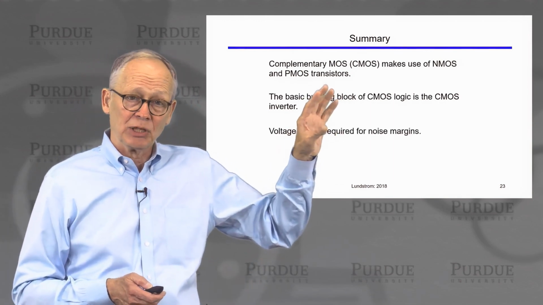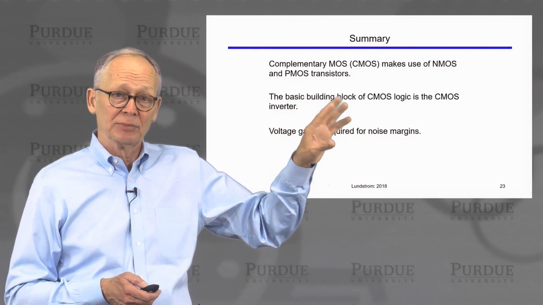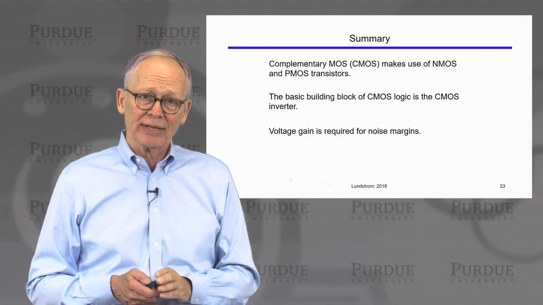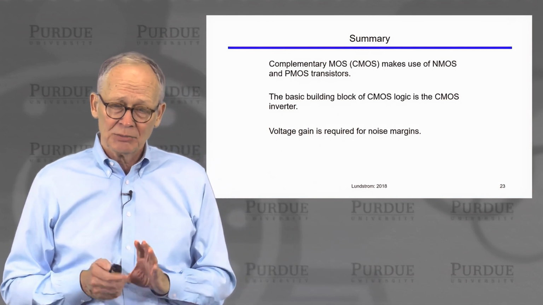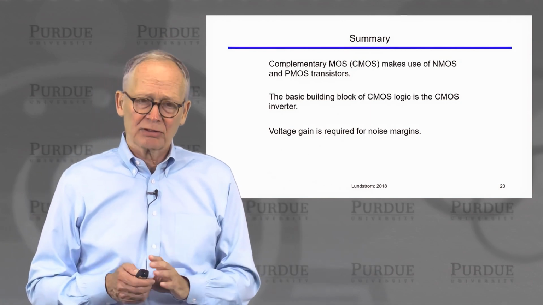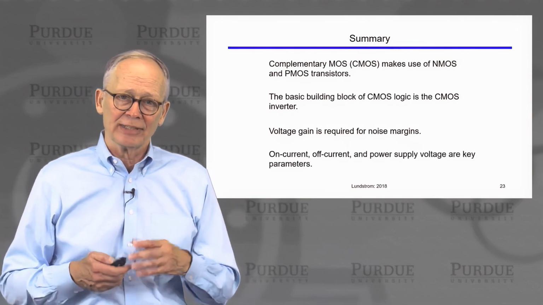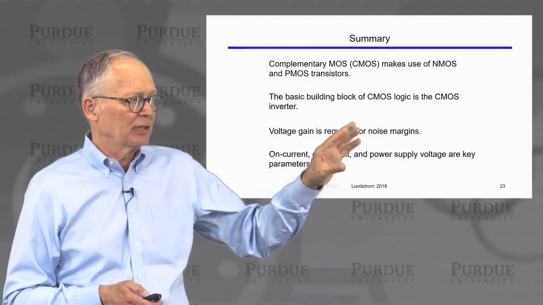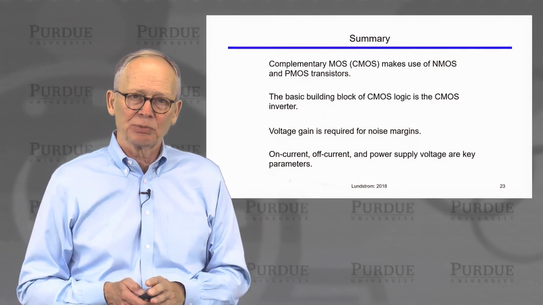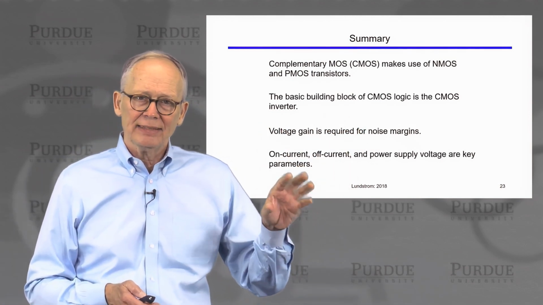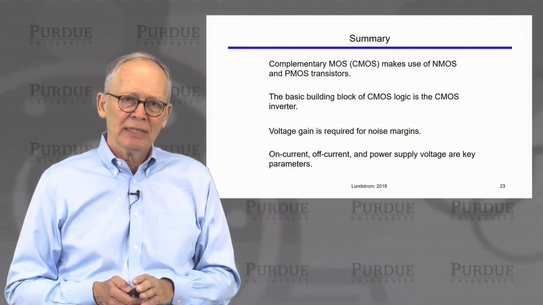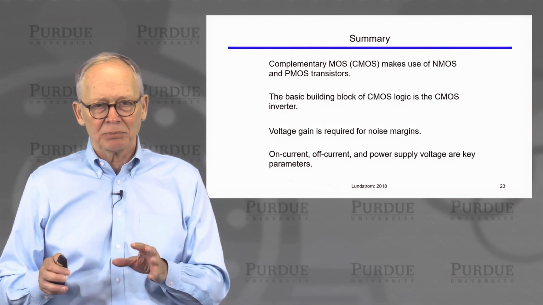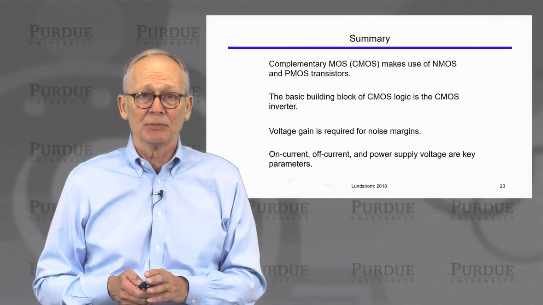One of the things that we require from transistors and from this circuit is that we have voltage gain, because voltage gain provides us with noise margins, which are critical for doing digital computation with large numbers of gates so that errors don't accumulate. And then we've seen how on current, off current, and power supply voltage are critical parameters. They control speed and power, and they have a very important impact on any circuit that we implement and design with CMOS technology.